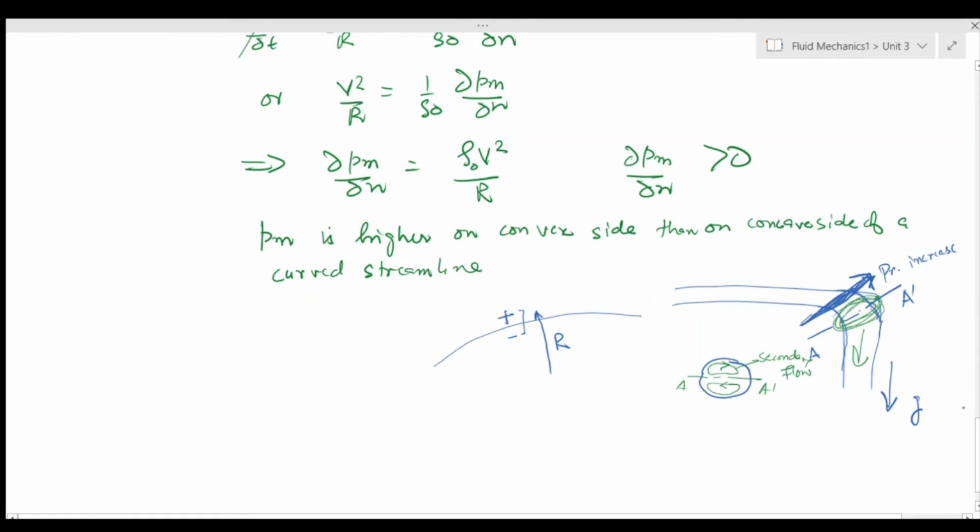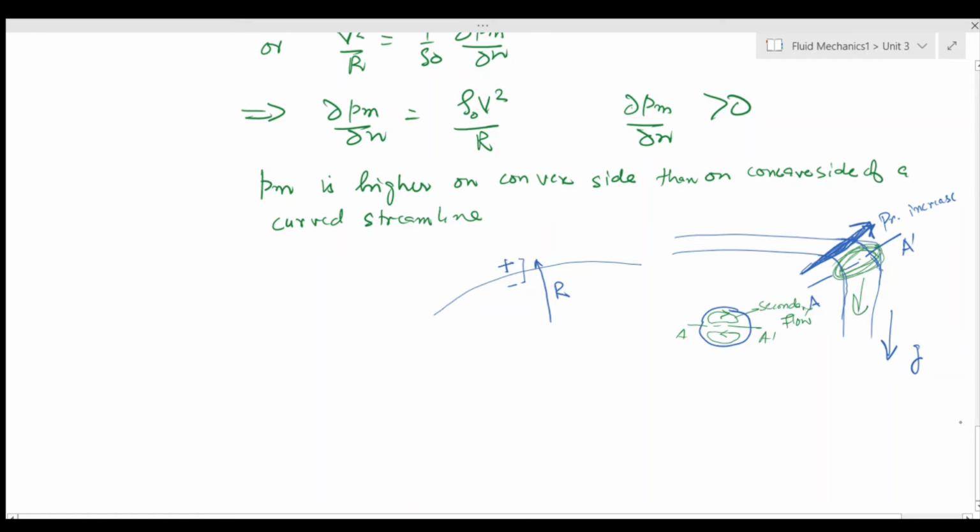And this is something which you have done in your experiment. If I would show you through another demonstration, let's say I have my streamlines which are like this, and then like this.